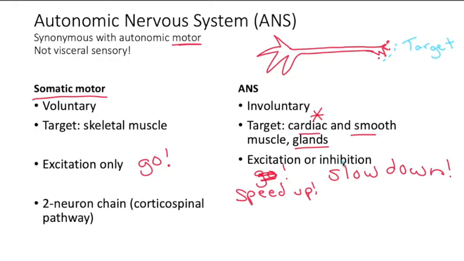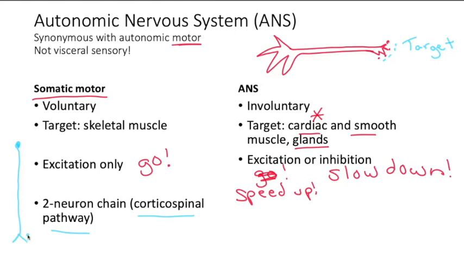Okay, there are some differences in the anatomy. Your first neuron starts in your brain. It actually starts in the primary motor cortex, which is in the precentral gyrus of the brain, way up there, when we learned about in chapter 15. And that neuron starts there in the frontal lobe, goes down your spinal cord, and it stops at some spinal cord level. It depends.